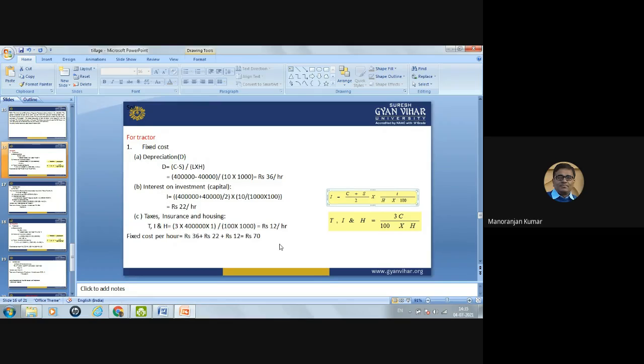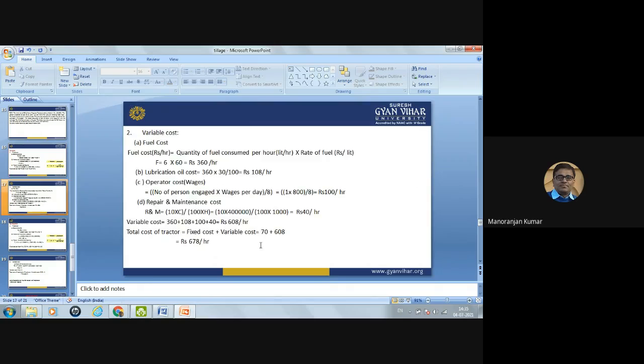Similarly, for the tractor, you have to calculate the variable cost. Under the variable cost, first is the fuel cost. How much fuel is consumed and what is the rate of fuel? Multiply these two terms. In the question it is given that the tractor is consuming 6 liters of fuel.